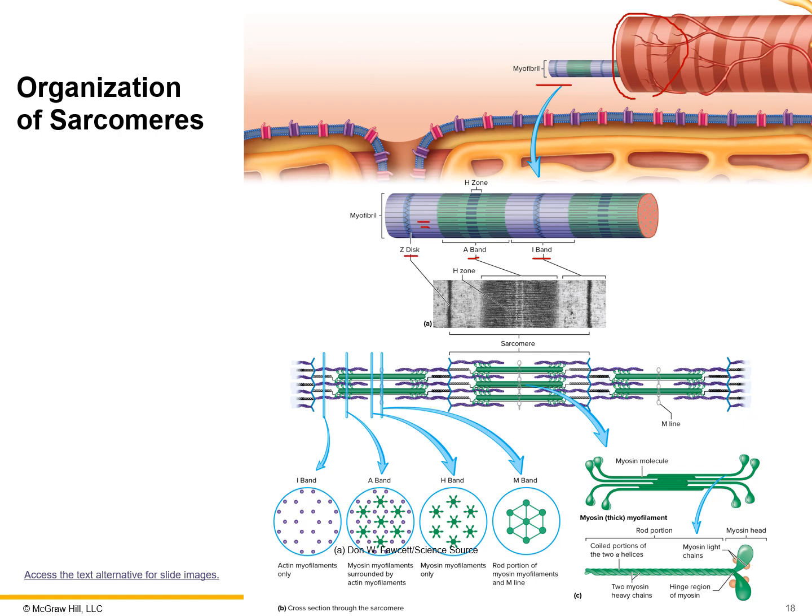The darker bands, the A bands, if we look down here below, in this A band, this is where the actin and myosin overlap with each other. So it makes it thicker, so it's a darker structure. Again, our myosin is much thicker. The actin filaments are a little bit thinner.